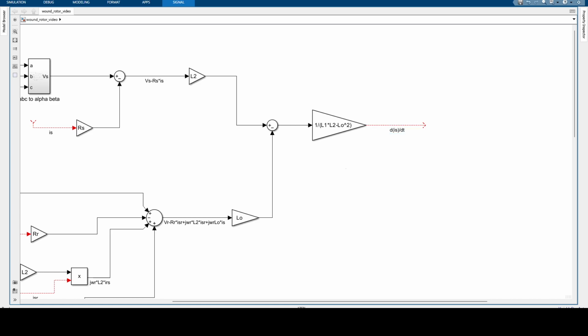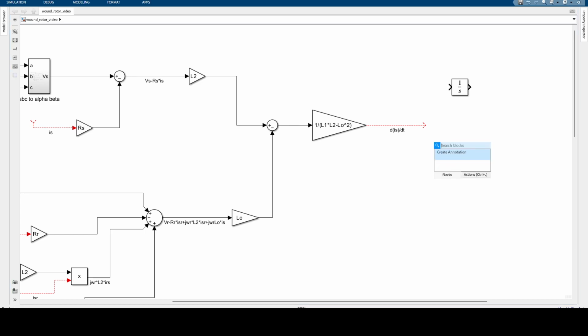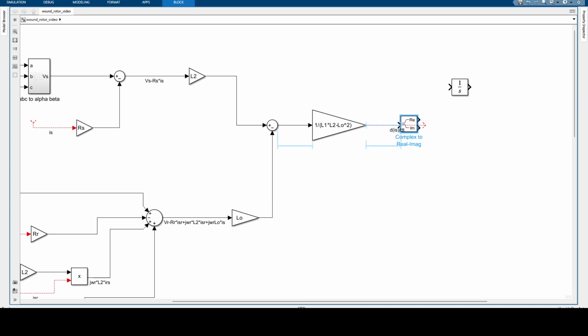Now we want our IS, so we just need to integrate this. But we can't integrate it right away because remember this is a complex number. So we first need to turn it into its components, complex to real and imaginary.